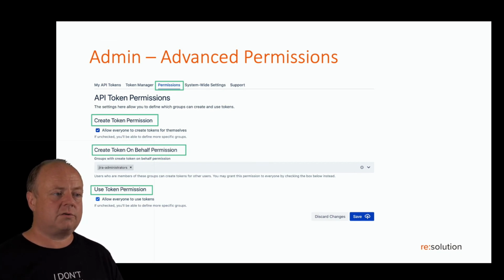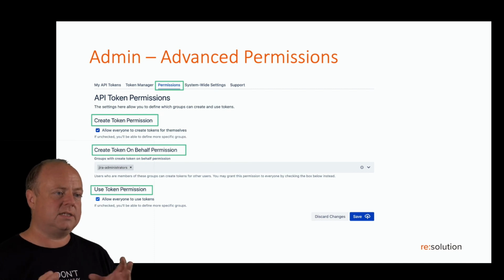But you can also create a much more controlled way where you would say, well, actually no normal user can create tokens. Only, let's say, the group Jira administrators can create tokens, and they can also create tokens on behalf of other users. And then normal users can use these tokens, or a combination thereof. So there's a variety of combinations that you can achieve with these settings.